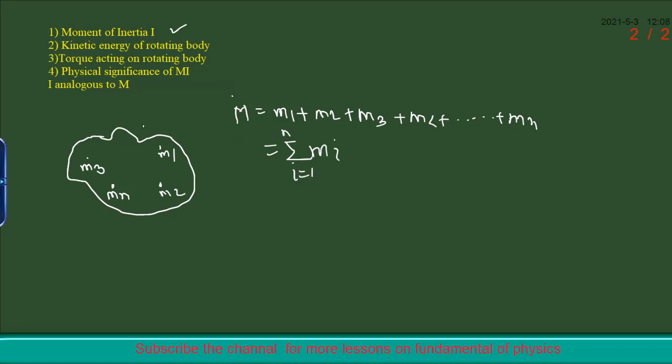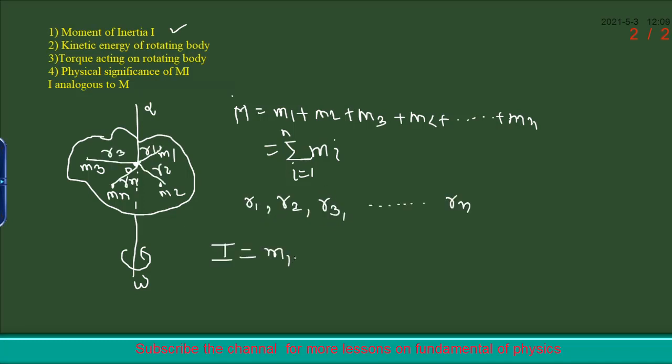Now again let us consider this body is rotating about the axis passing through this point O. It is rotating in this sense with angular velocity omega and also angular acceleration alpha. In this case, the moment of inertia is the sum of the product of masses and the square of the distance of that mass from the axis of rotation.